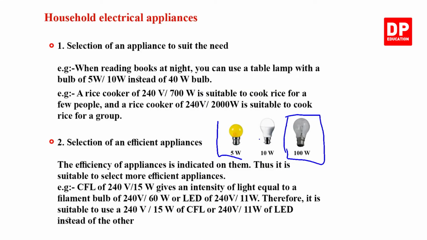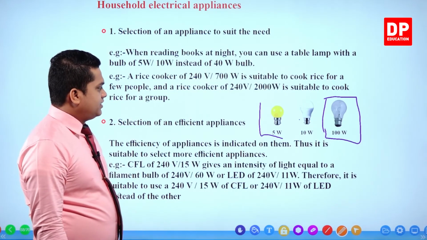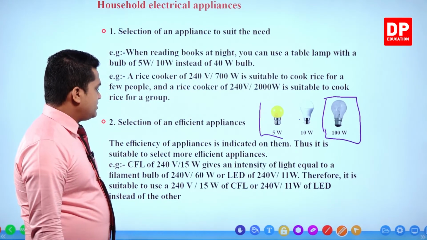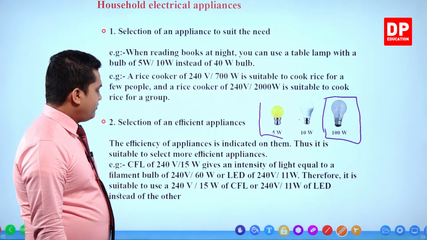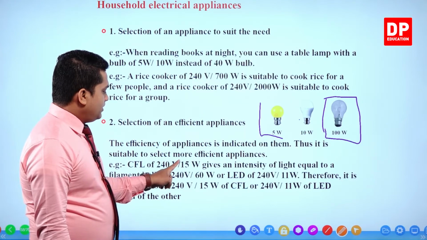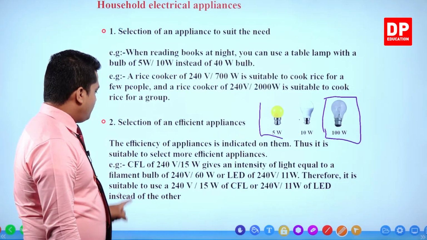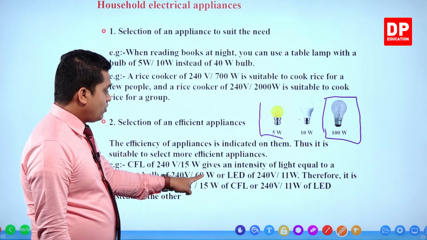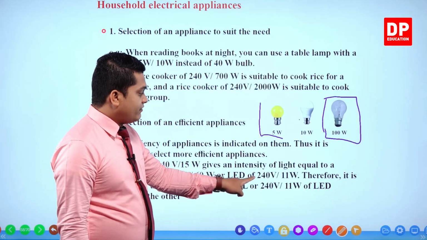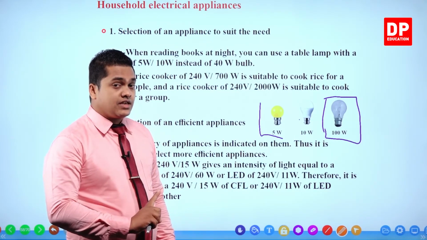The efficiency of appliances is indicated on them. Thus, it is suitable to select more efficient appliances. A 240 V, 15 watt CFL gives an intensity of light equal to a 60 watt filament bulb, or a 240 V, 11 watt LED. That's what I have told you in the earlier case also.